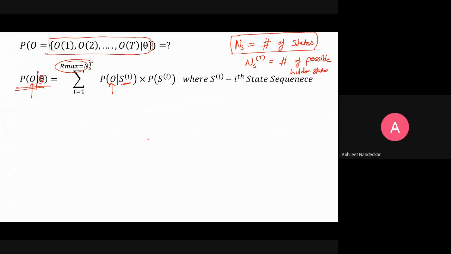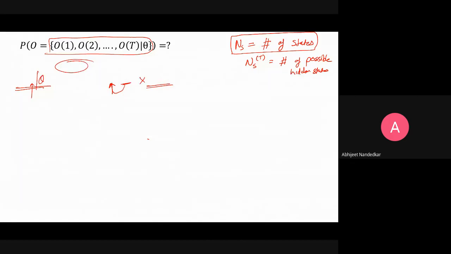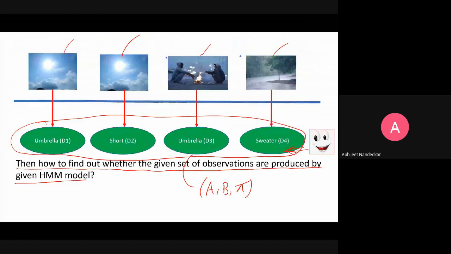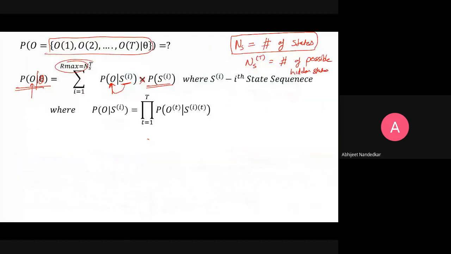Given a state Si, what is the chance that I will see the given observations, multiplied by the probability of obtaining that state itself, the hidden states itself, where Si is the ith state sequence.